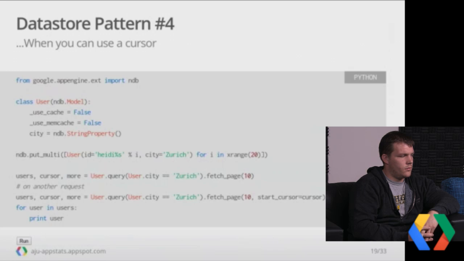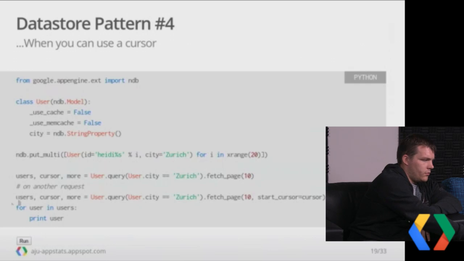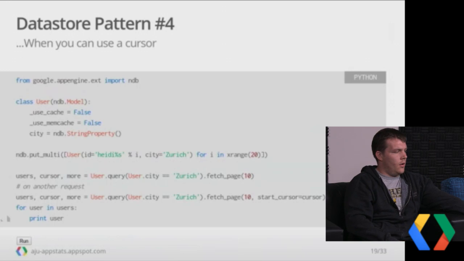You can say, start from this point for my next query, and you pass the cursor back into the subsequent query. So that's what we're seeing here. We're passing in the start cursor. So instead of using an offset, saying start at entity 10 or start at entity 100 or whatever, we're getting a cursor when we do the query, and then we're passing it back into the subsequent query. Okay, so why don't you run that one, Dan?